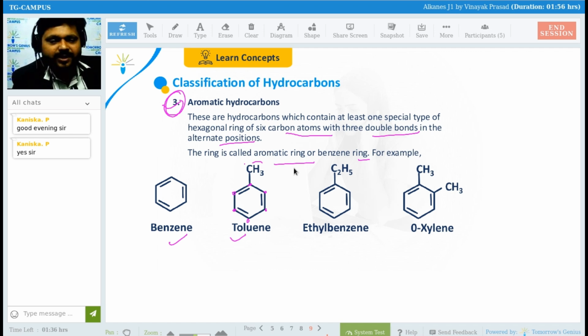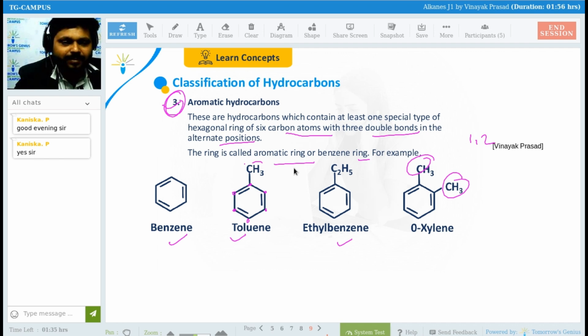What is the IUPAC name of this toluene? Can we say methyl benzene? Yes, methyl benzene. Fine, guys. Okay. So this is what? Ethyl benzene. 2 carbons will be there. And this is what? See guys, if two groups are there, what can we call this?